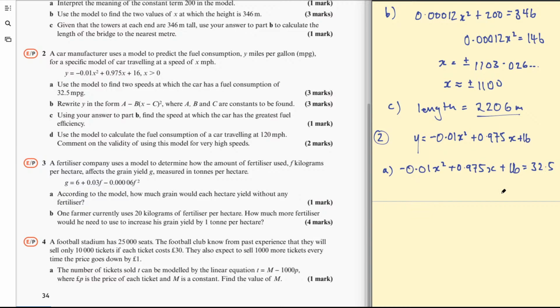First thing I would do is bring that 32.5 over to the left hand side, subtract it, so then I have negative 0.01x squared plus 0.975x take 16.5 equal to 0.